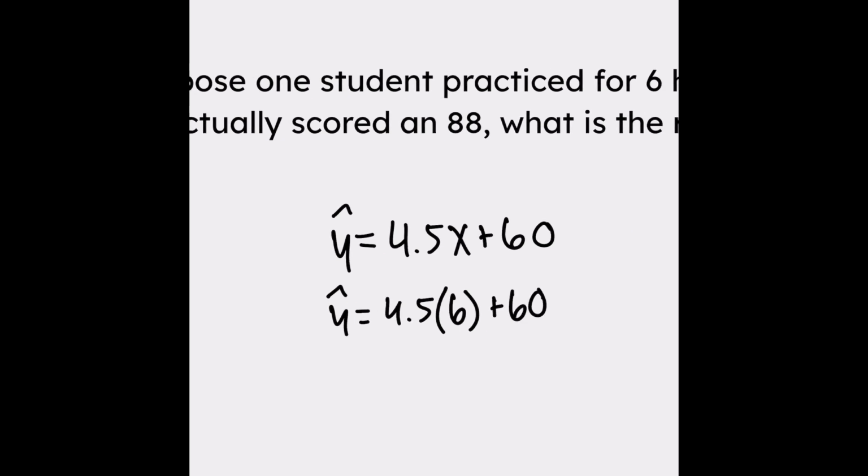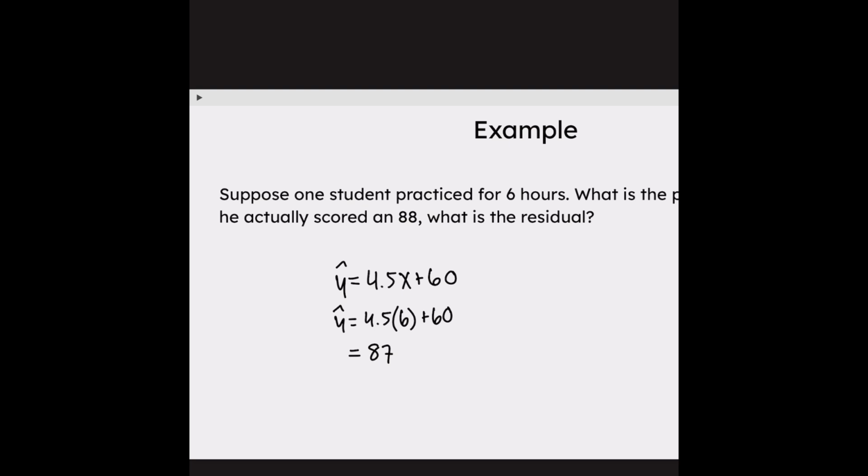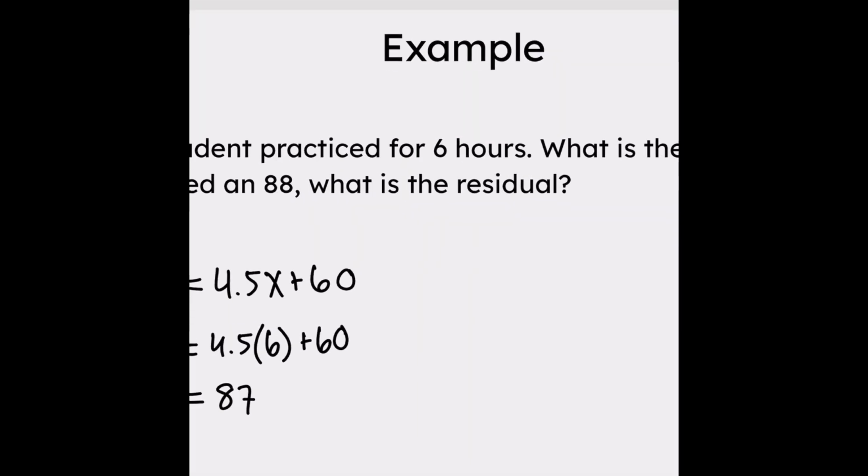Don't worry about the y hat, it's just meant to represent that this is predicted and not the actual y value. If we simplify that, we get 87. So the predicted score for the student is 87. Now, he didn't actually score an 87, he actually scored an 88. So the residual is the difference between his actual score and the predicted score, which is a residual of 1.